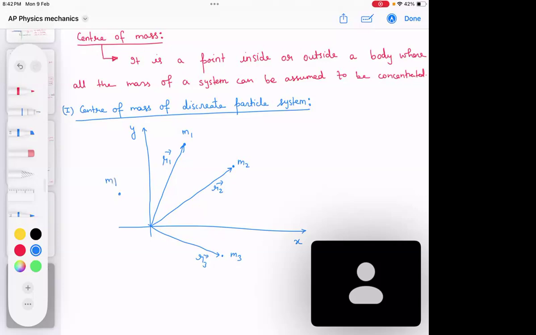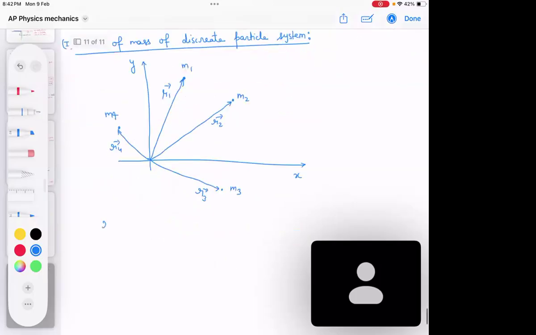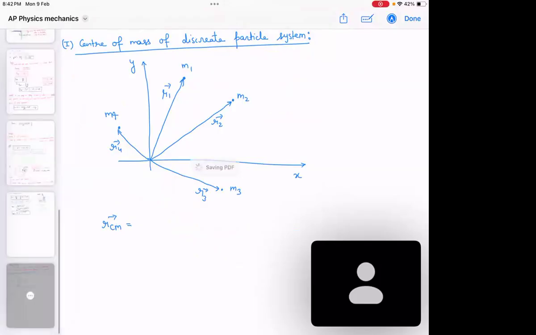One more particle is there, m4. Its position vector is r4. Like that, many particles are there, okay? So if we want to calculate RCM, RCM means what? The position vector of the center of mass. Okay.